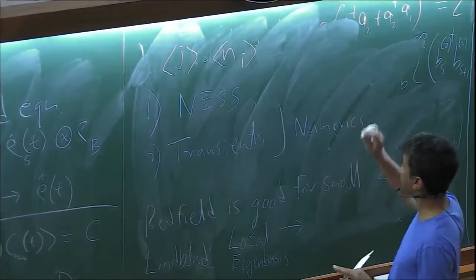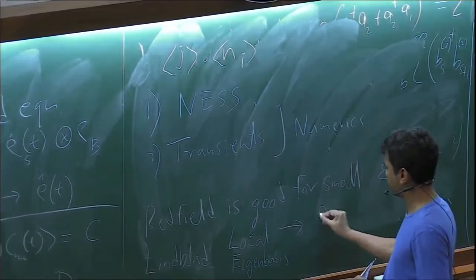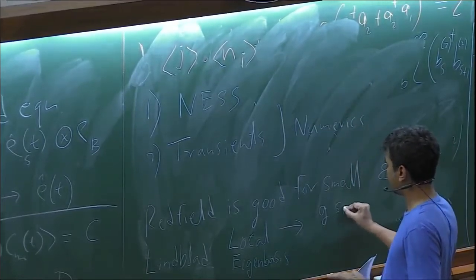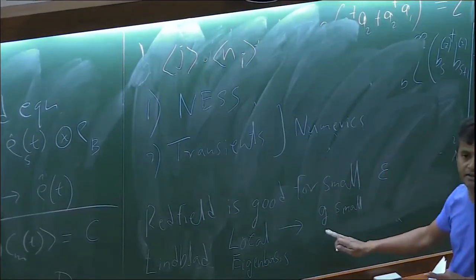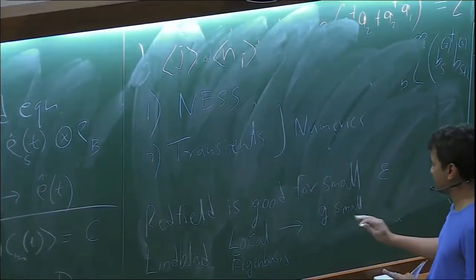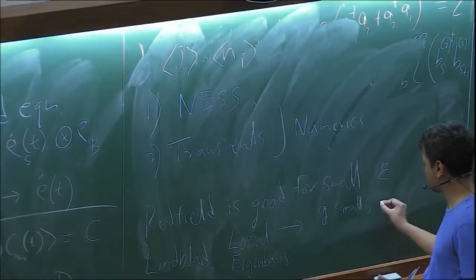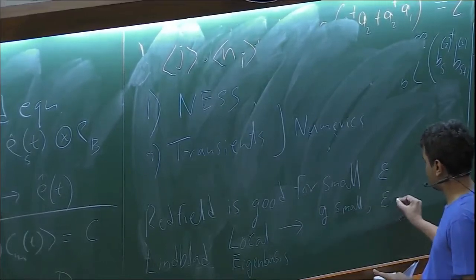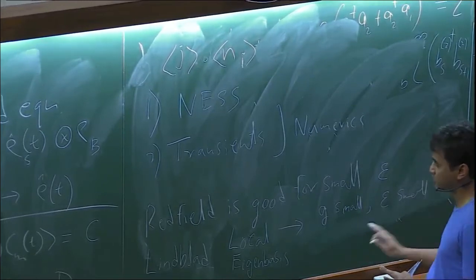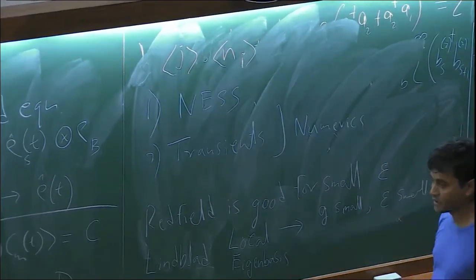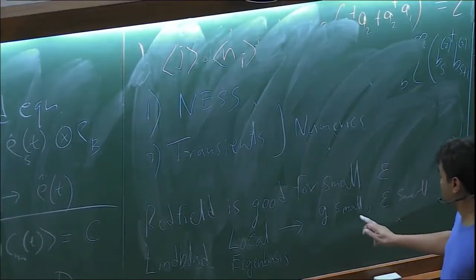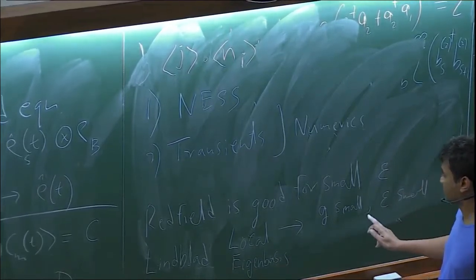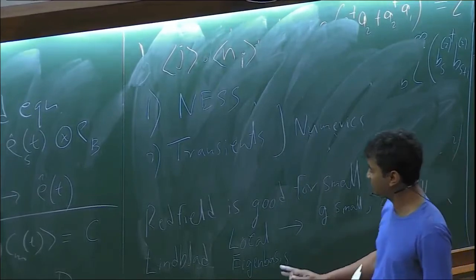The coupling within the system was this G. So if G is small, and of course also epsilon, I'm not saying exactly what small means, but compared to some quantity. If both are small, then it's good, otherwise it's quite bad. And if G is small, local becomes the eigenbasis.